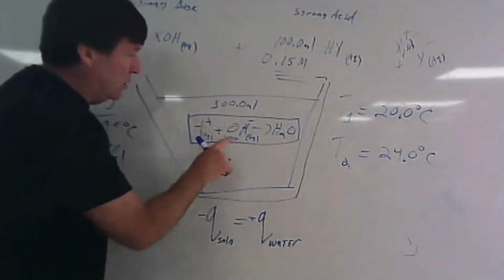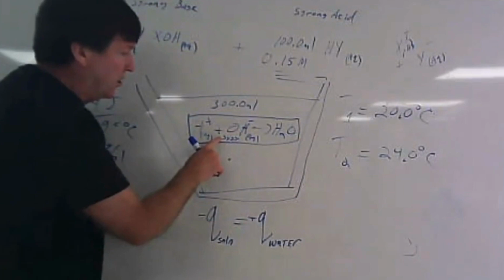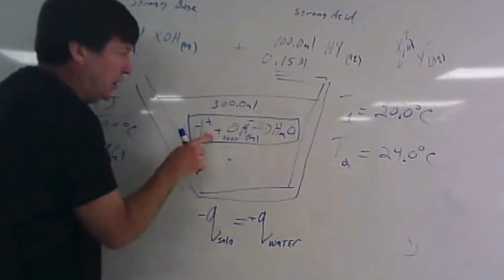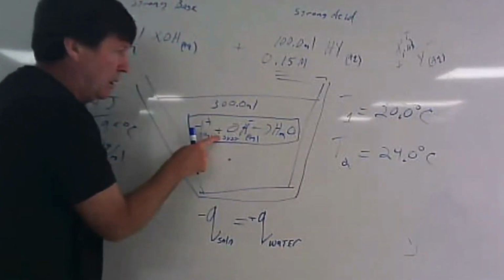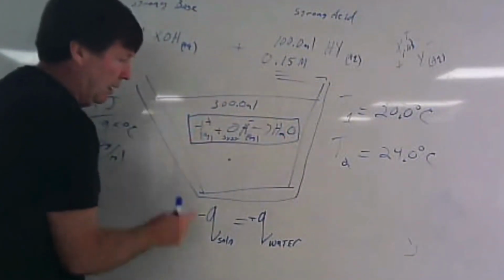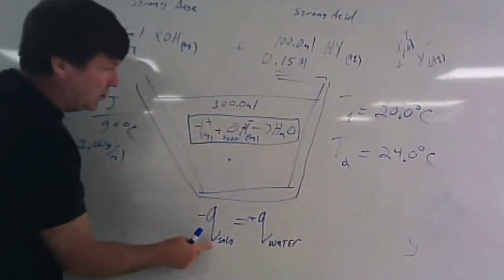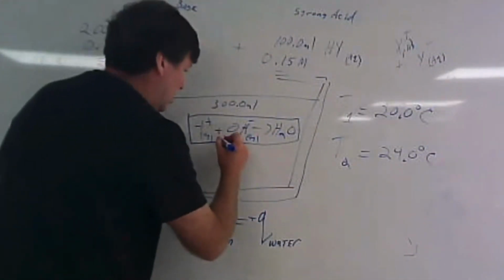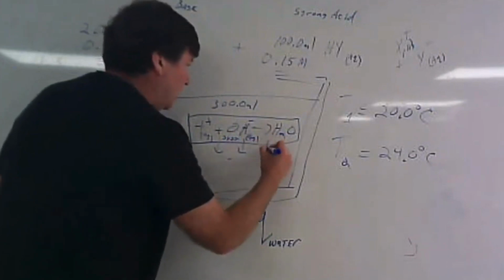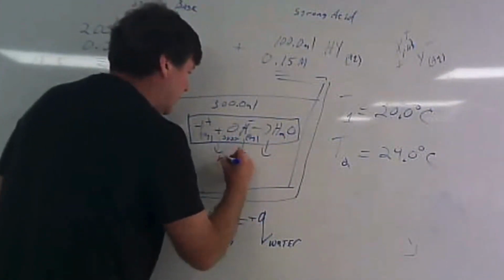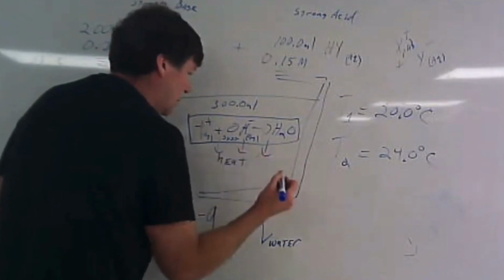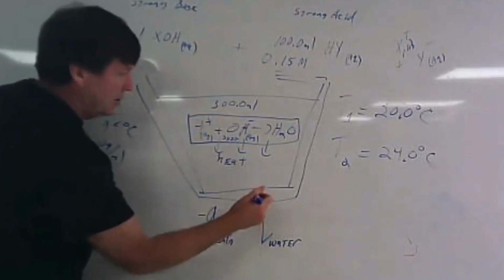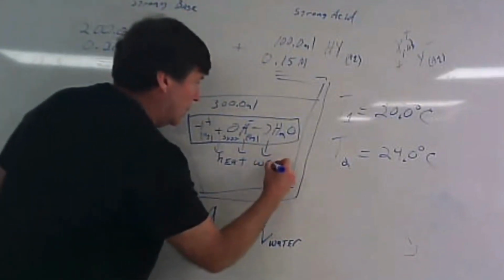The chemicals are the system, which are the solution. So here's the chemicals are the solution, which are the system. I boxed the system here. That is the Q for the solution. Now the water's everything else. So there's heat flow. So notice the water's gaining heat. So that's the water.